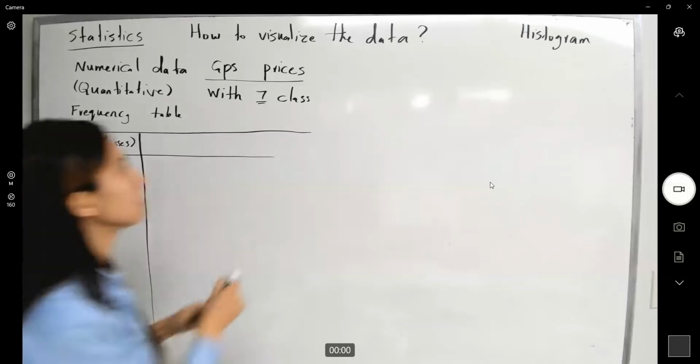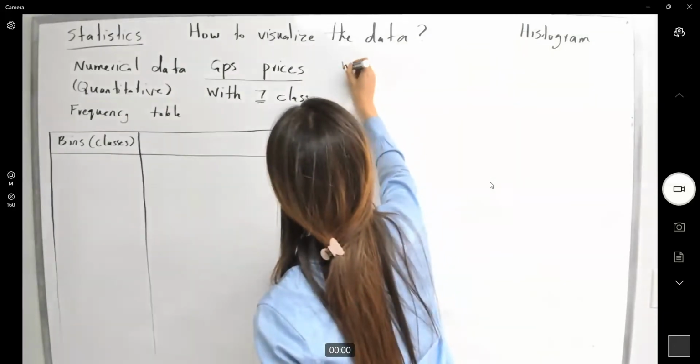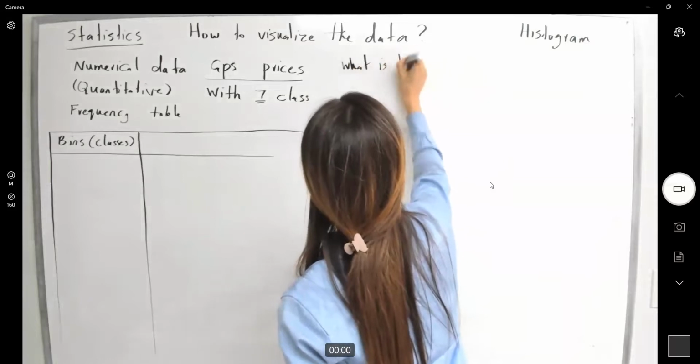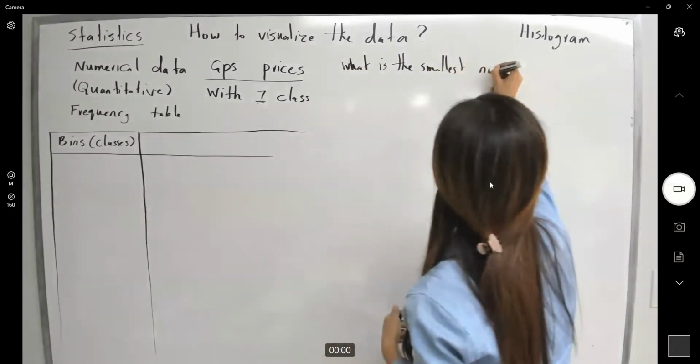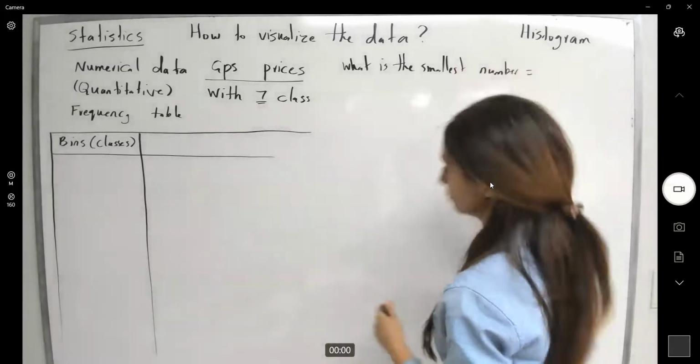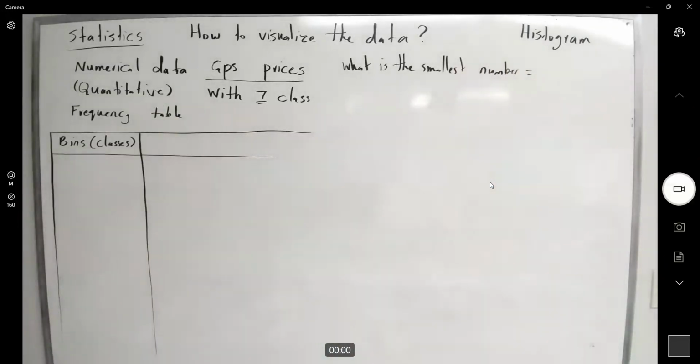So the smallest number in our collection is 65.